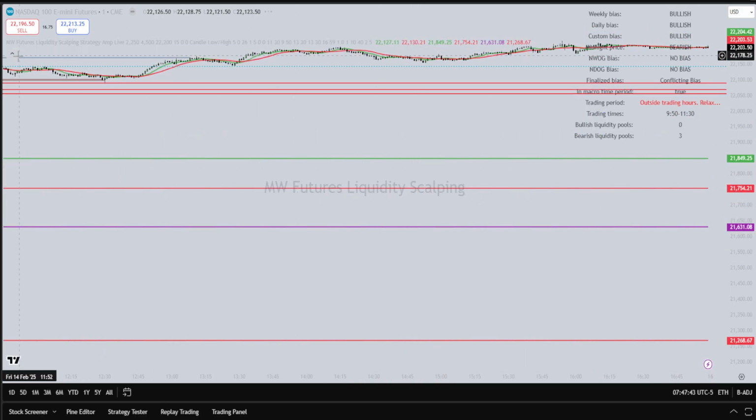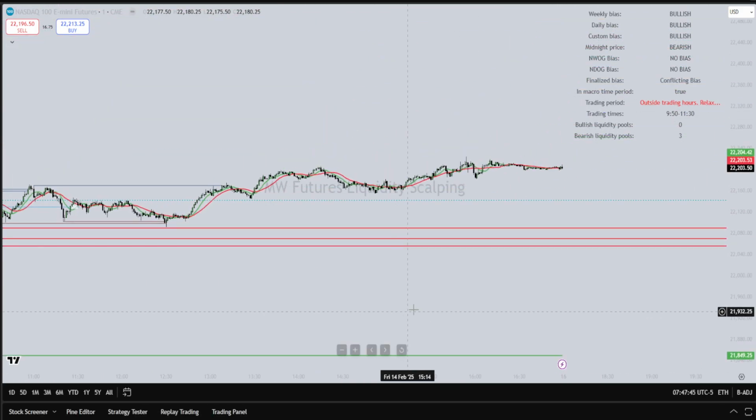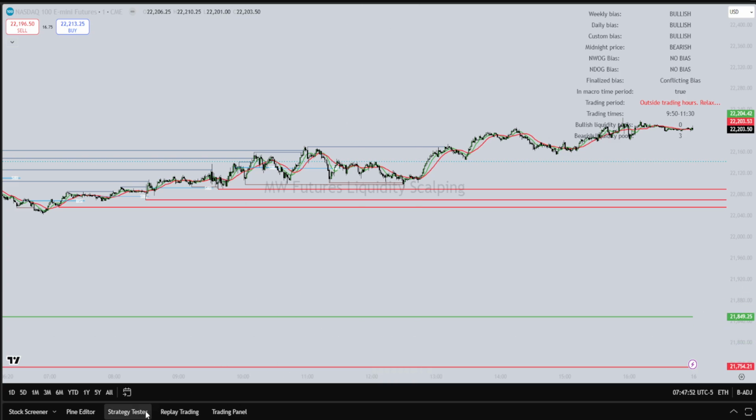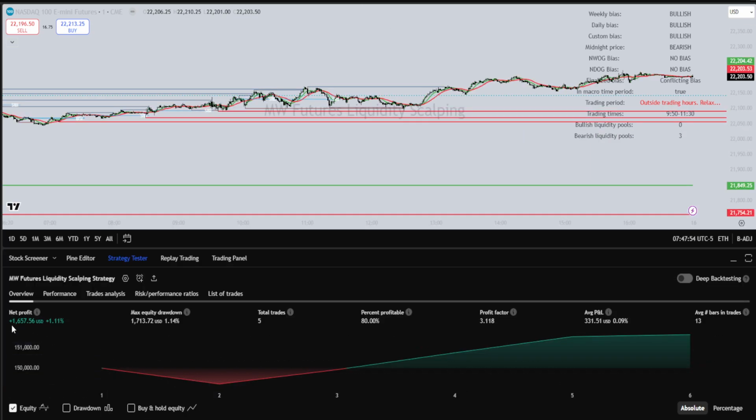So just by looking at the trades, how they set up and how the stop loss placement was initially, we already went from a minus $1,600 to plus $1,600 with small changes that we made. And we have a profit factor, a risk reward ratio of 3 to 1. Which means that whenever we lose $1, we make $3 on the next trade, with a winning percentage of 80%.